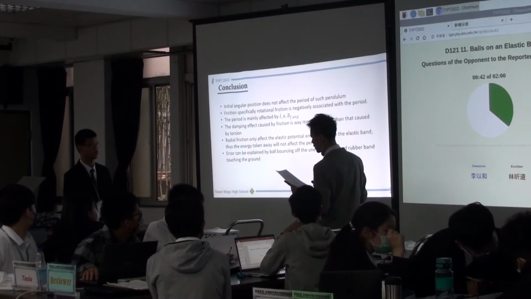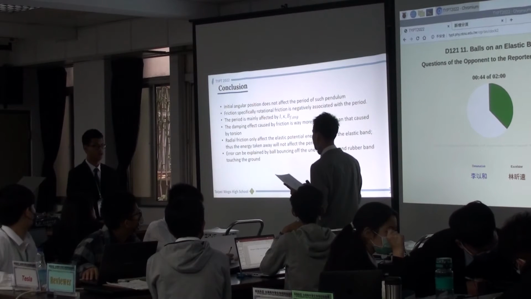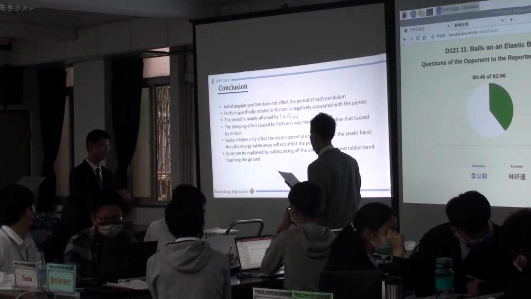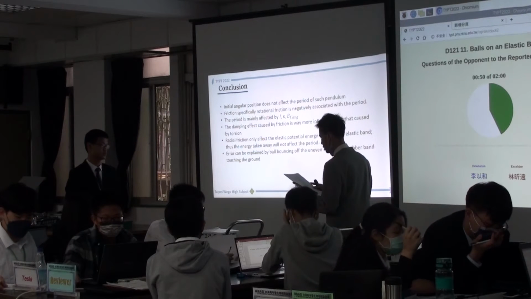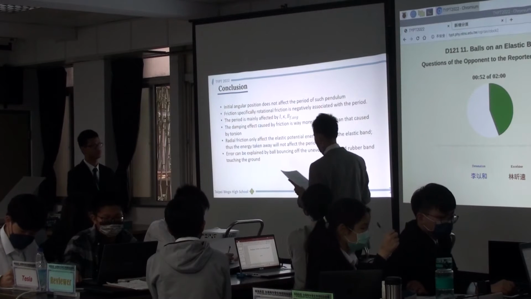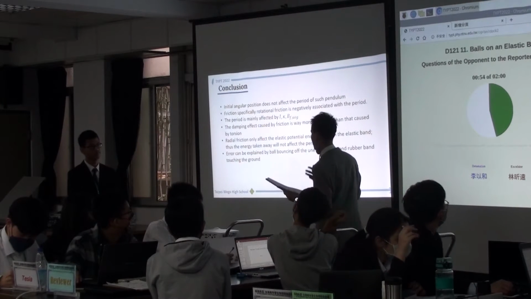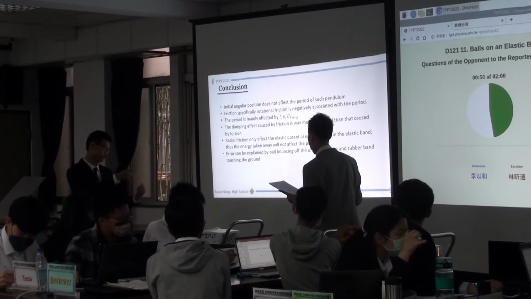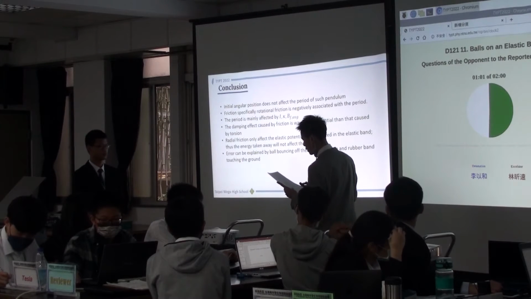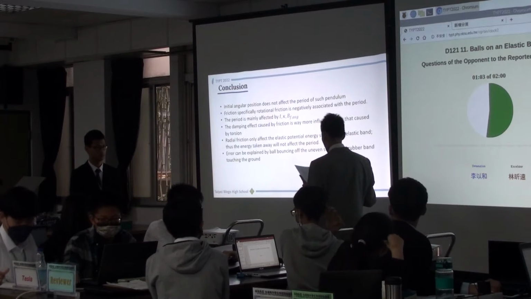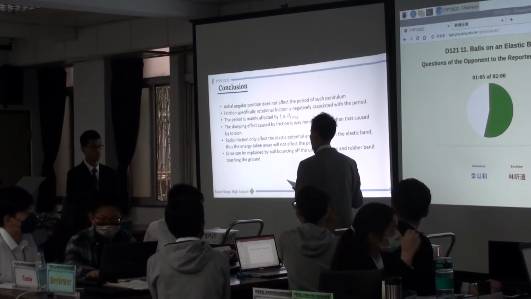Okay, thank you. Which kind of friction is acting on the ball? We think that will be sliding friction, and then the contact friction and the rolling resistance. Okay, thank you. Will the twisting direction of the elastic band affect the rotational behavior? We don't think... Oh, yes, it will affect the direction it spins. Okay, thank you. Will the elastic band generate elastic fatigue during the oscillation? Yes.